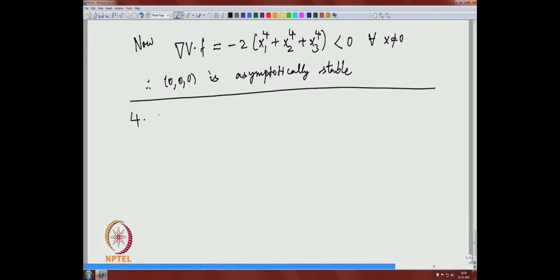Okay. So, let me go to the next example now. So, this is a 2D example. So, instead of x1 x2 let me write x dot, y dot. So, this is x dot equal to 2xy plus x cube, y dot equal to minus x square plus y to the 5. Okay. So, I will not discuss the linearized system.